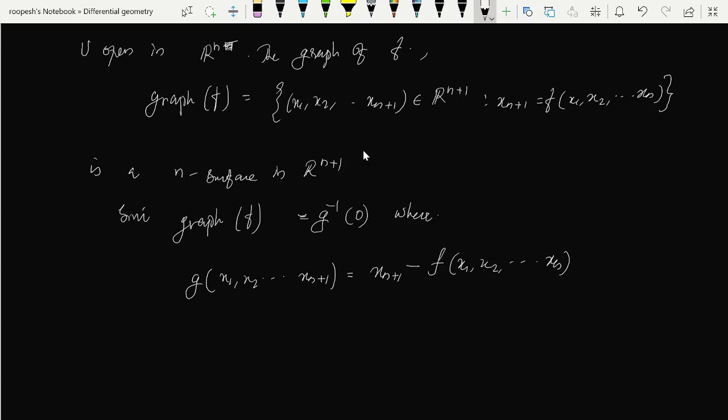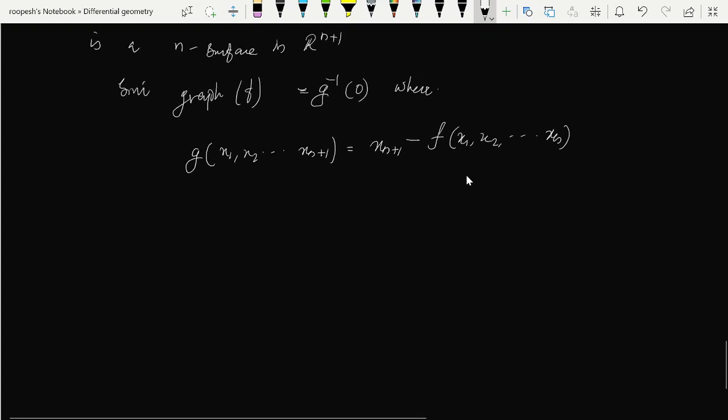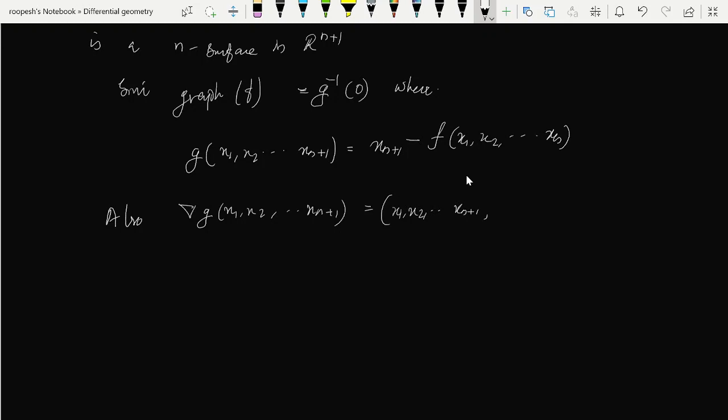Now we have expressed this as a level set, but we want to check whether del g of x1, x2, etc., xn plus 1 is not equal to 0 or not. Let us see how we can find it. Also, del g at the point x1, x2, etc., xn plus 1, what should it be? Next we want to find the derivative, right?